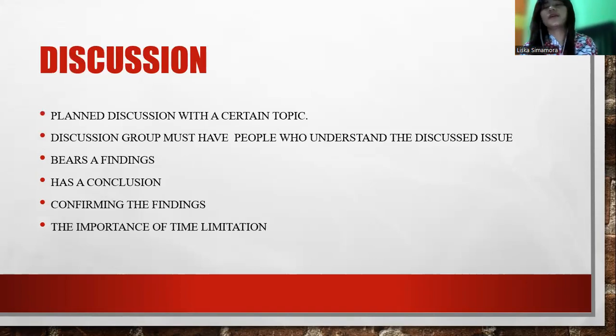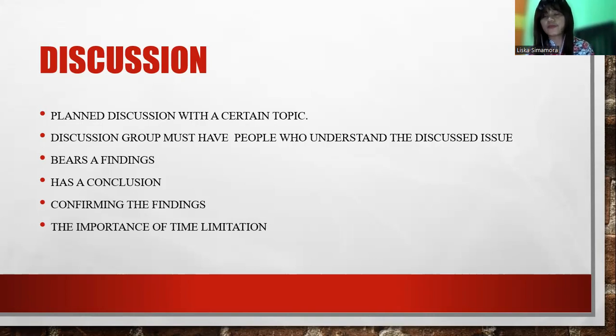The third way to discover the problem is by joining a discussion. Of course, the discussion mentioned here is a planned discussion with a certain topic. So it is not about when you socialize in a cafe or another place, and suddenly someone gives a topic and everyone responds to it, but there is no particular conclusion to the topic.